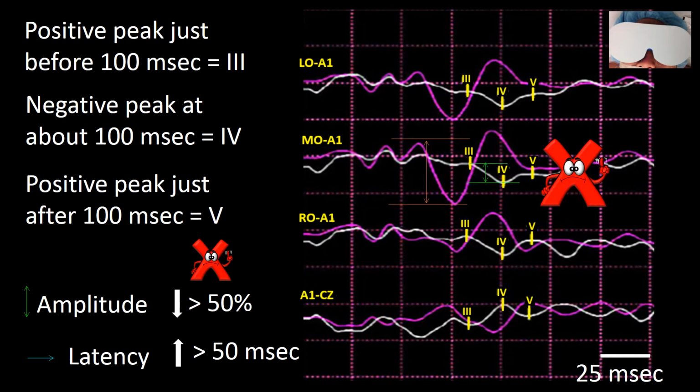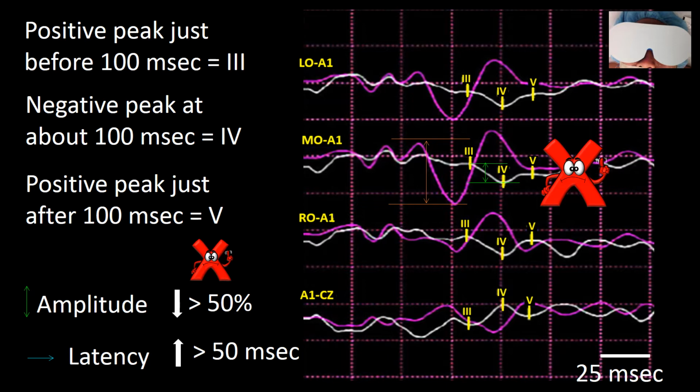You can see by comparing the magenta wave, that is the ghost wave, with the white wave, the one in real time, that the 3 to 4 amplitude of the real-time wave, here represented in green, has dropped more than 50% from the ghost wave, the amplitude of which is represented in cream color.